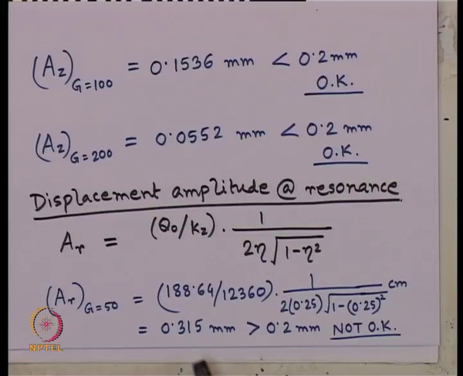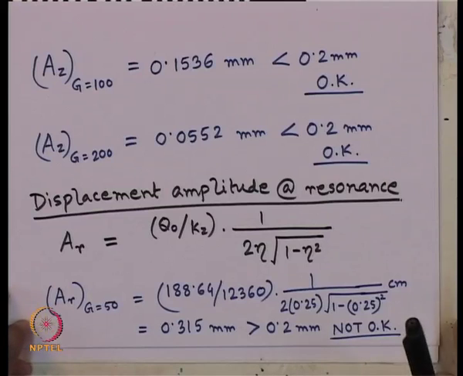So, in this case we found it will not be within our permissible limit. Suppose while starting the machine itself, we go through a frequency same as the natural frequency of the system, it will be almost close to resonance condition. That time this displacement is going to occur, which is beyond the permissible limit.